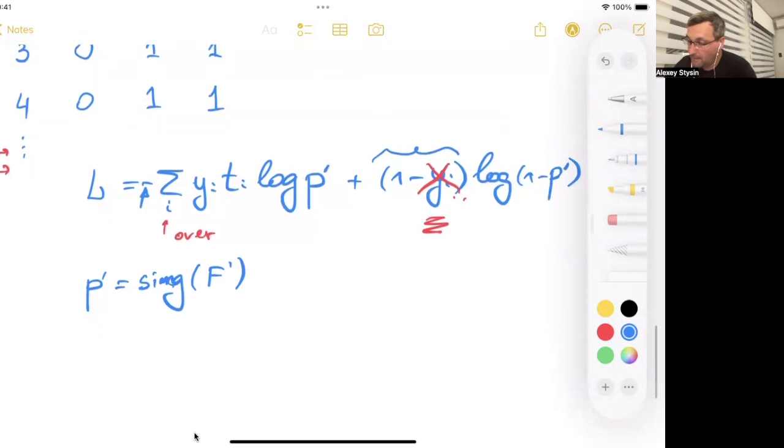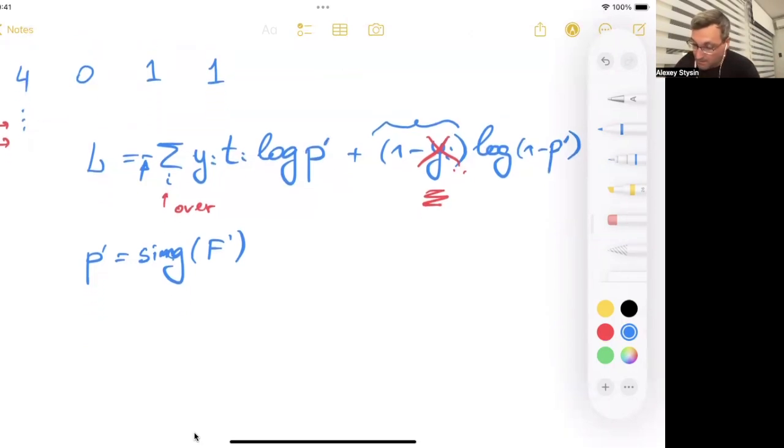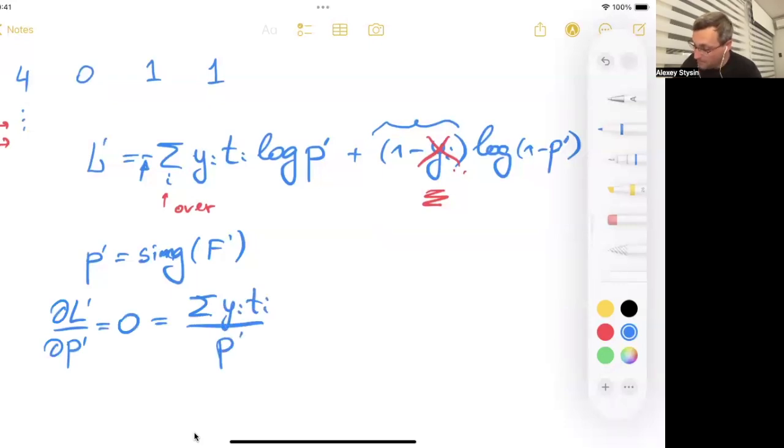Well, once again, I guess the loss itself should be prime because this is a different loss. So we do dL prime over dp prime equals 0. So this is again the optimality condition. And we get the sum over y_i t_i over p prime minus, well, now we only have 1 here, so it's going to be 1 over 1 minus p prime.